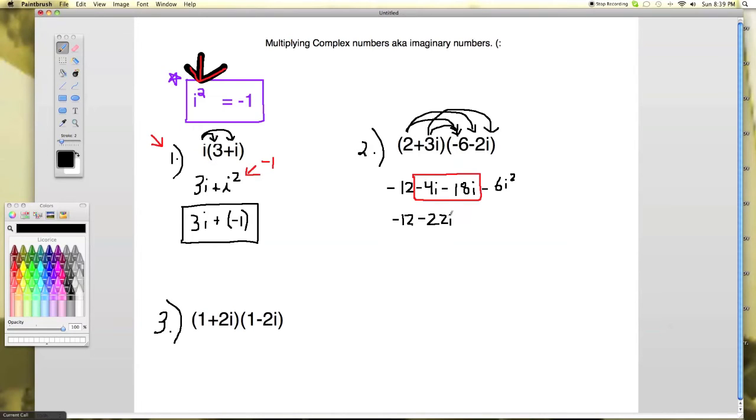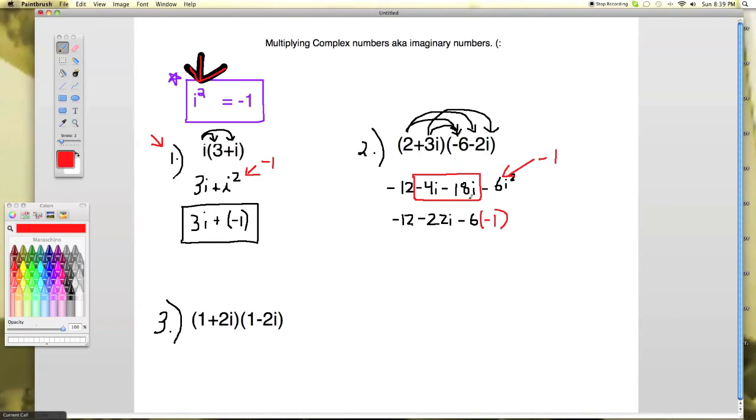So we'll bring that down. And then, as we know, i squared is -1. So this is going to be -6 times -1, since you're replacing i squared with -1.